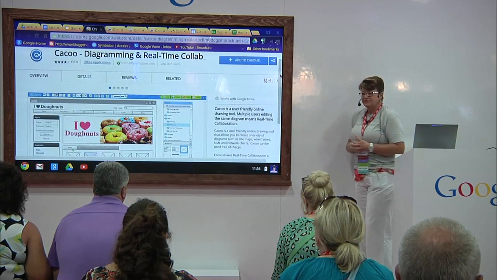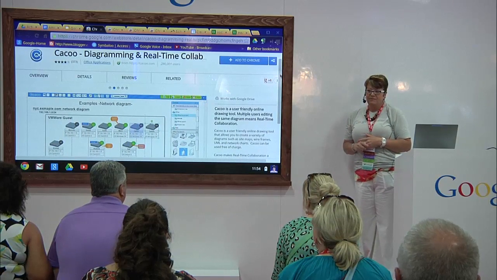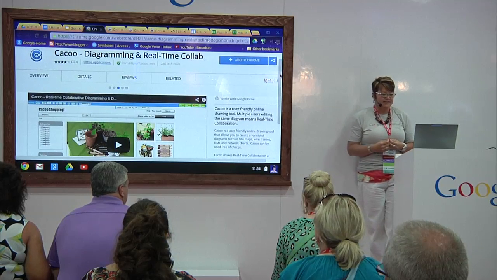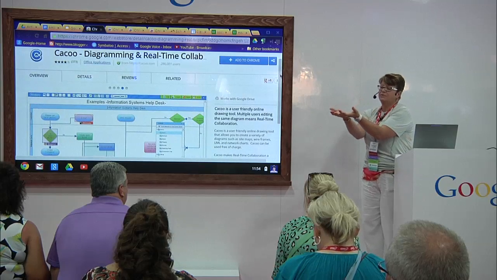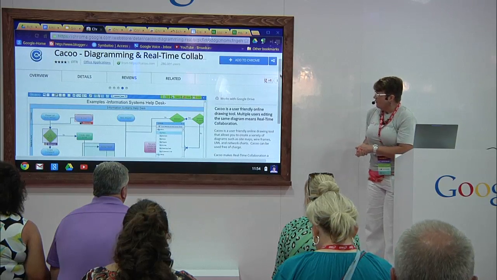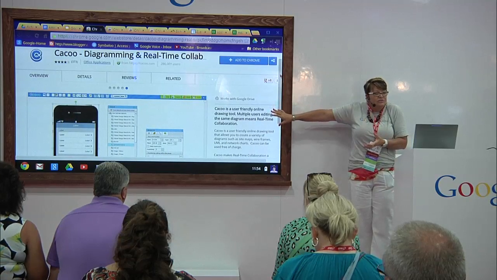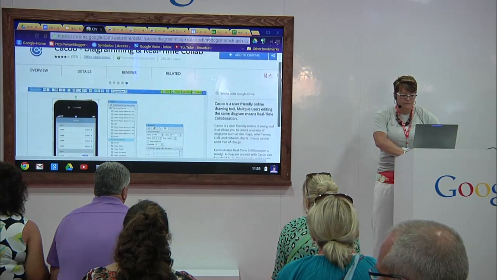I've heard this pronounced Kaku. Basically, it's a mind mapping tool. It's a diagramming tool, and it's a great way for kids to organize their thoughts before they put their thoughts into submittable form. So what I like is they can choose the dynamic. They can choose what their tool is going to look like, what their diagram is going to look like.